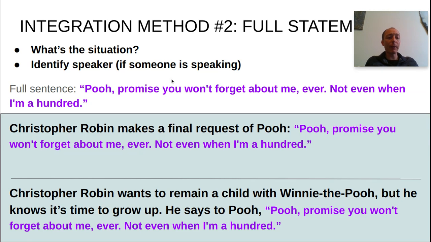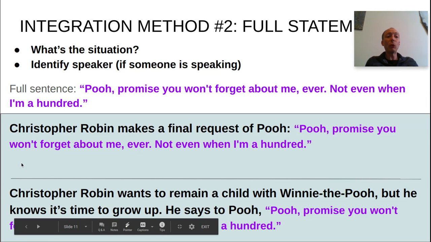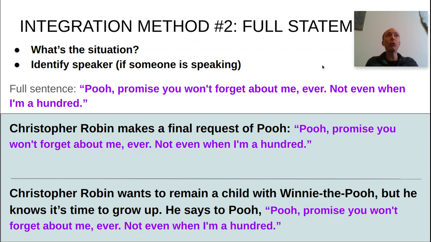Now, sometimes what's going to happen is you'll have too much context and you'll just sort of run out of room, or it'll be too long of a sentence if you were to put a colon there. So underneath that line in the little blue box is what you do when you have too much context. Christopher Robin wants to remain a child with Winnie the Pooh, but he knows it's time to grow up. I don't want to put a colon after that because I didn't really say yet that he's the one who's talking, that Christopher Robin's talking.